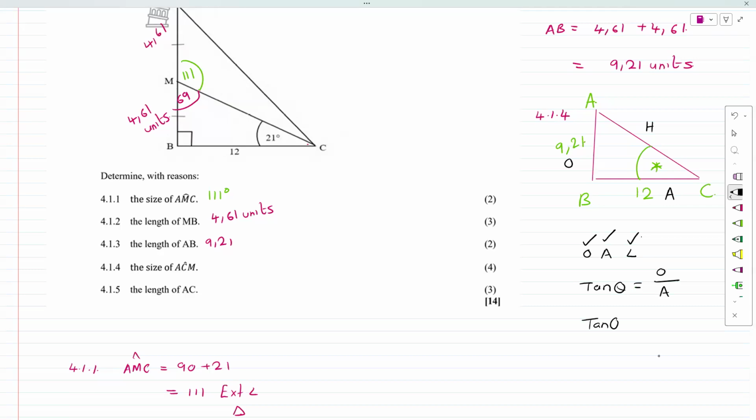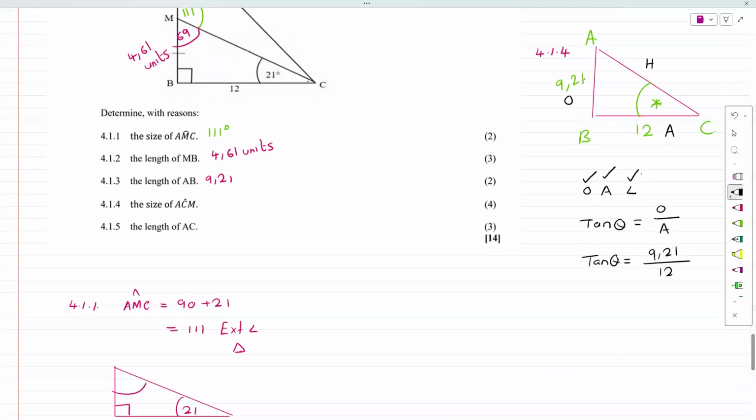Tan of theta equals 9.21 over 12. And if we solve this, theta should be equal to shift tan 9.21 over 12.